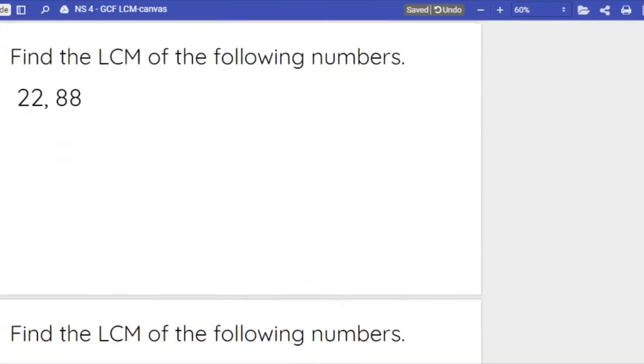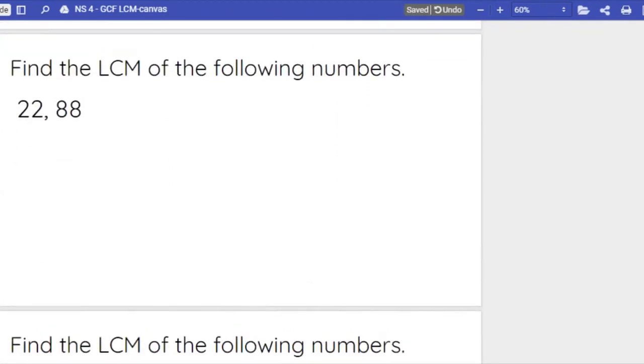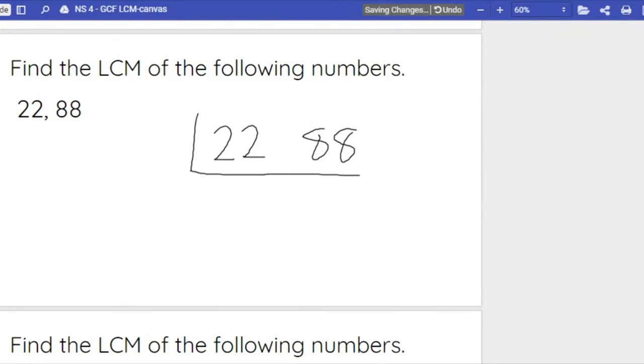Okay, pause your video and complete our next problem. Press play when you're ready to go over it. Okay, we have 22 and 88. Now, common factor. They're both even, so I could use 2, but I also know my 11 times tables, so I'm going to use 11. 22 divided by 11 is 2. 88 divided by 11 is 8.